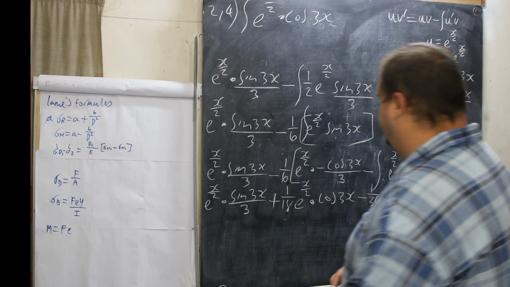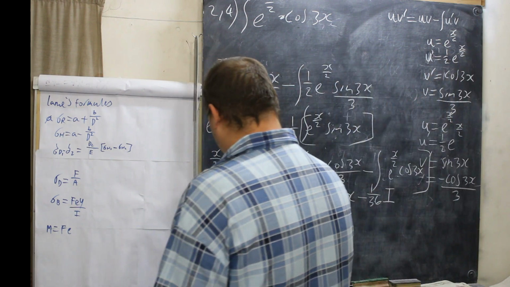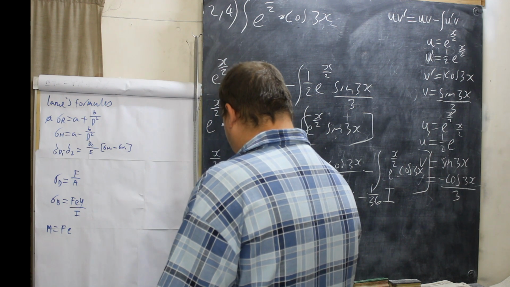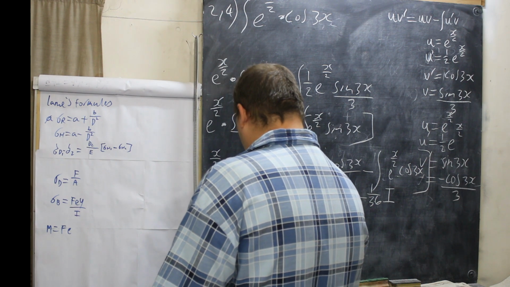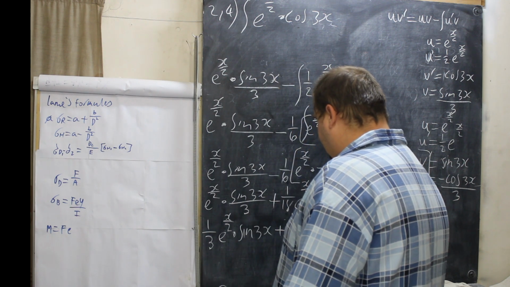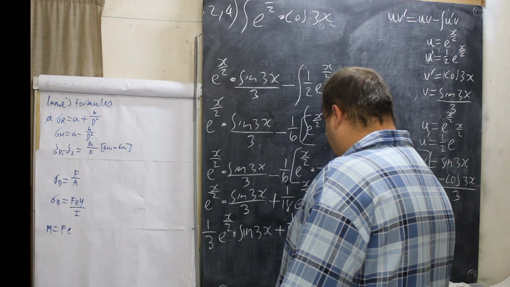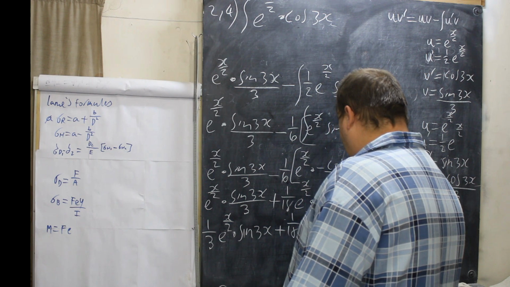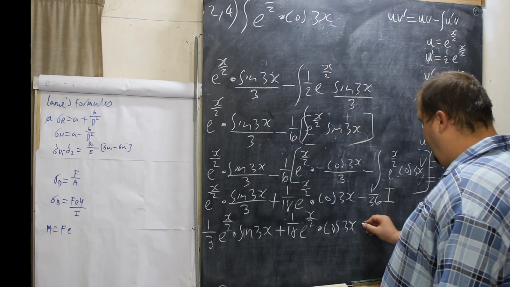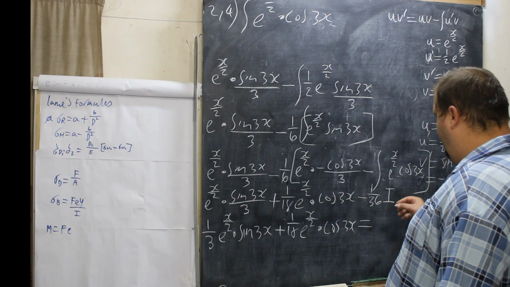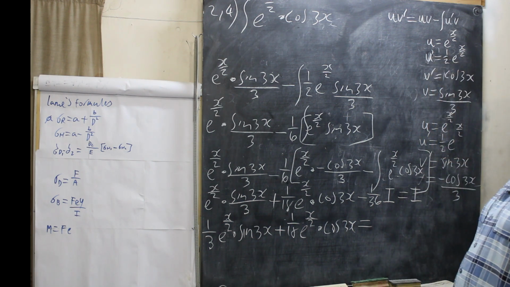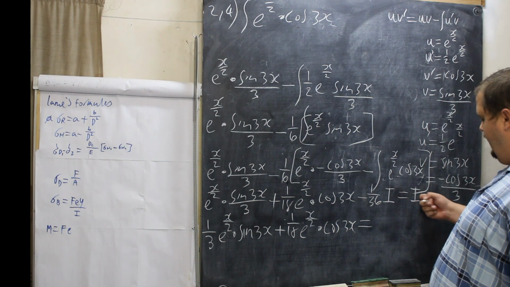So, what we're going to do now is say 1 over 3 e to the x over 2 times sine 3x plus 1 over 18 e to the x over 2 times cos 3x equals I. Now, what we're going to do is take this I over there.